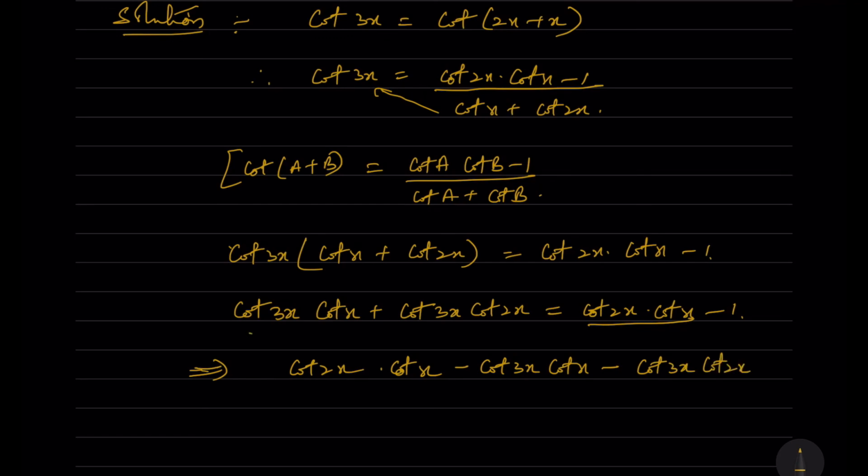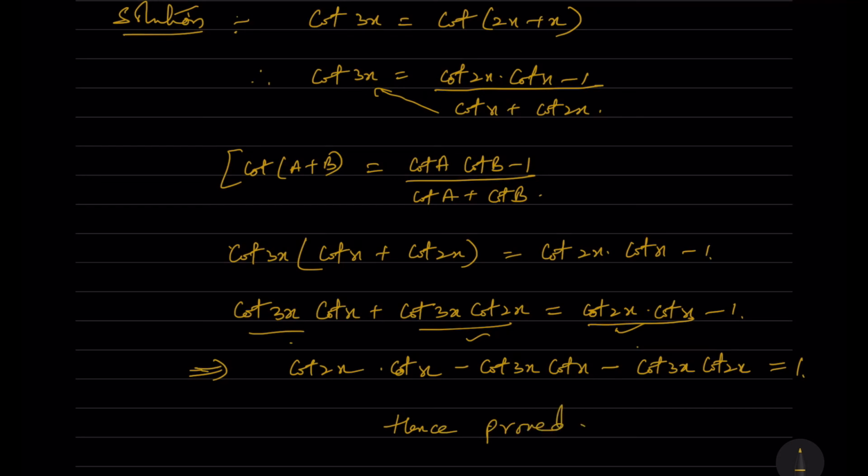I took these two to the other side, and I wrote the other as it is. So this is equal to 1. So therefore this is what we have to prove. So hence proved.